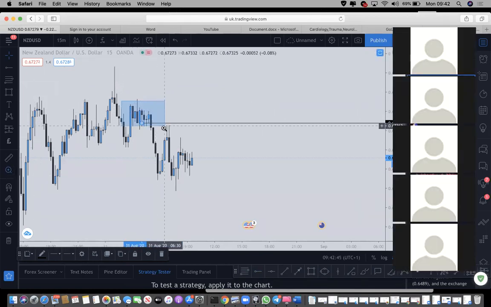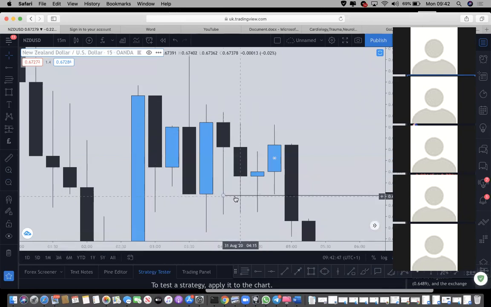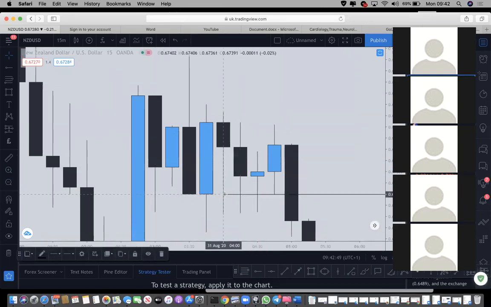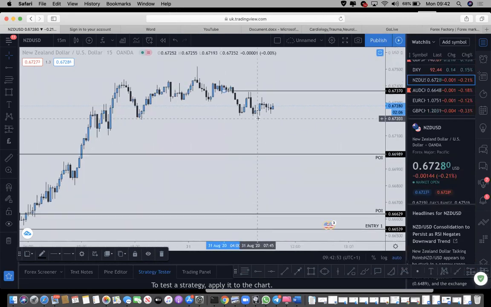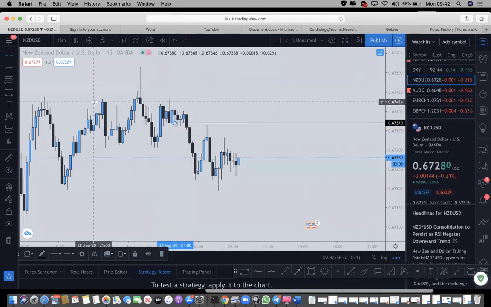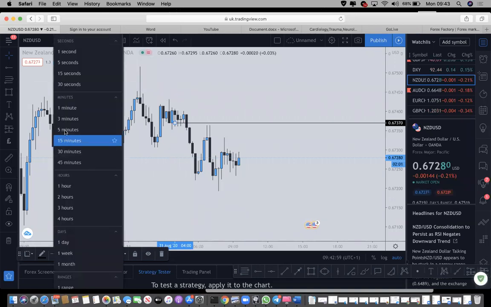Our same area. Can you see how sweet the correlation is? Almost around that same area we're looking at on NZD USD, we have that on the AUD USD.